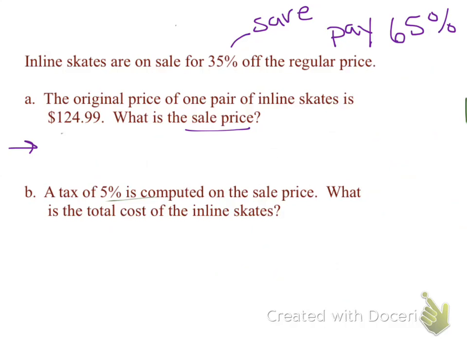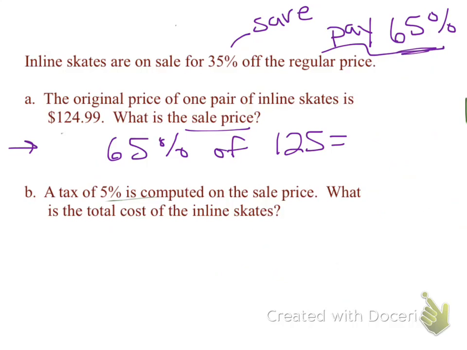So the next time I see you, I'm going to ask, where do you think I came up with the 65%? So then all I do is I find 65% of 125. And right away I get my answer of $81.25. And I only did one step. So next time I see you, I want to know, why do you think that works?